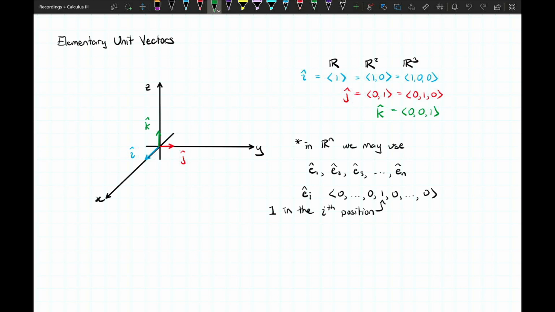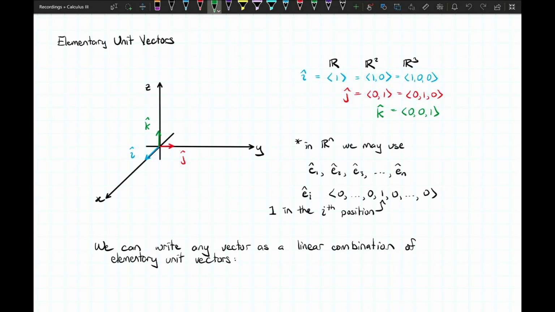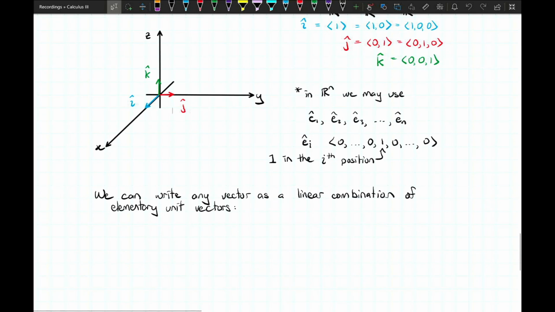The nice thing with these elementary unit vectors is that we could actually get rid of this component notation whenever it's more convenient, and instead write out a vector using scalar multiplication and vector addition as just a linear combination of the elementary unit vectors. For instance, in R2, if we have the vector A equal (A1, A2) in component notation, we could write that as A1, a scalar, times i hat, a vector, plus A2, another scalar, times j hat, a vector.